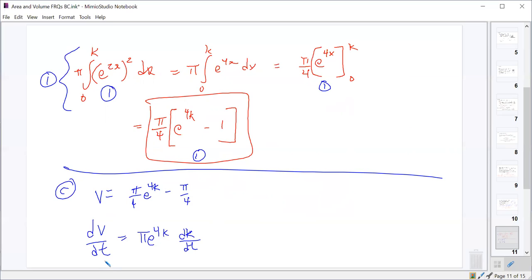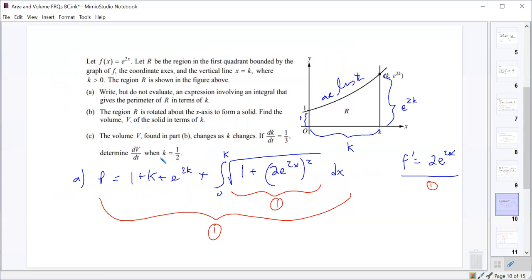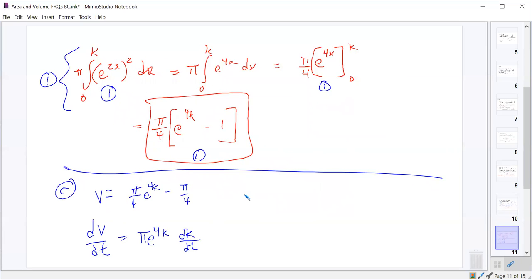And then plug in your values. dV/dt is what we're looking for. dk/dt was 1/3 and k was 1/2. So dV/dt equals pi e to the 4 times 1/2, times 1/3, and so that should be pi e squared over 3.